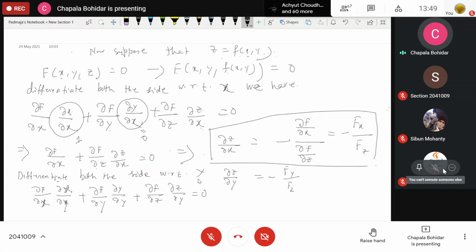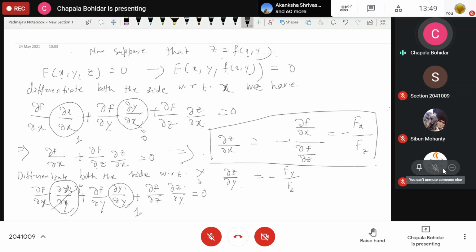We have to write it like this. So this will become 0, and this one will become 0. And del y by del y becomes 1. So we get the value of del z by del y equal to this.